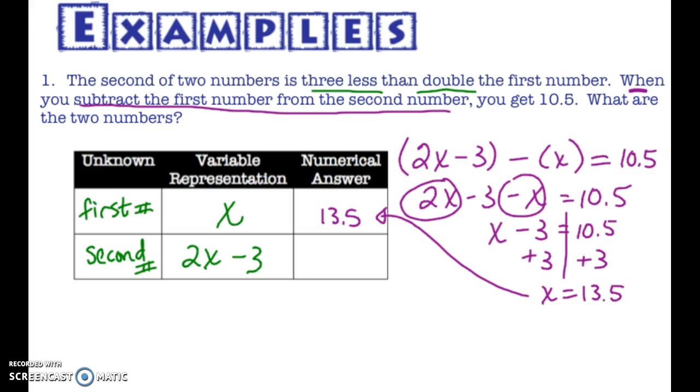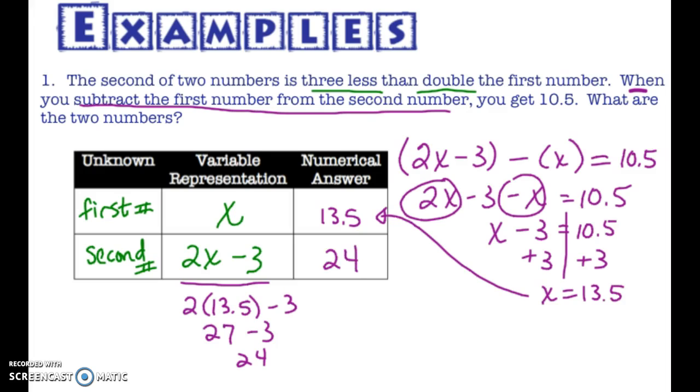My second number, I know it's 2x minus 3. So I'm going to take my 13.5 that I got for x and plug it in. So 2 times 13.5 minus 3, that's going to give me 27 minus 3, which is 24. So my second number seems to be 24.